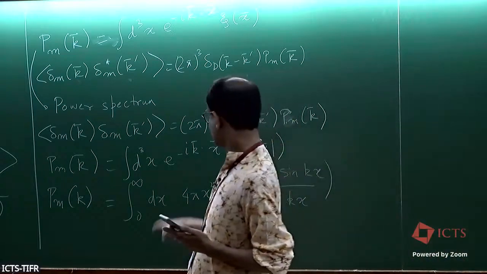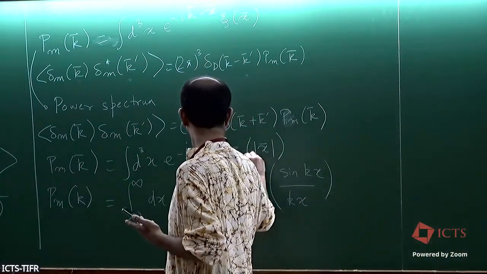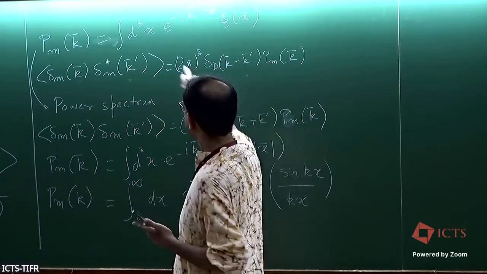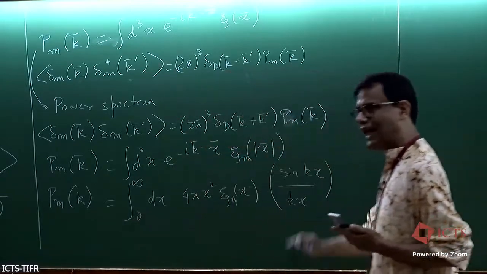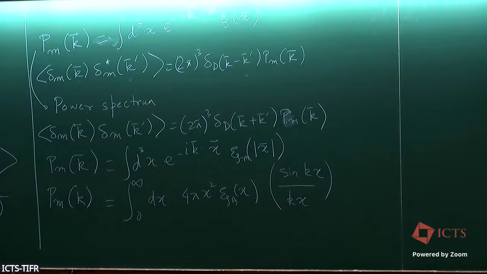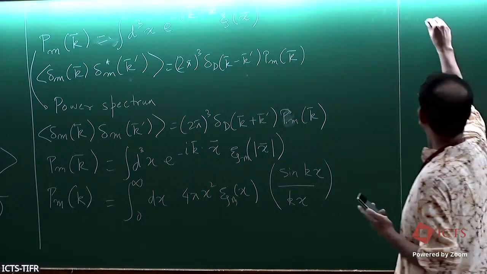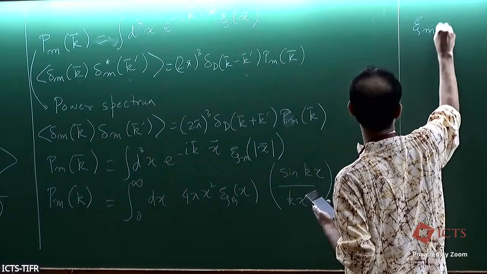What we can also do is write the 2-point correlation function as the inverse Fourier transform of the power spectrum, and then play the same game here.